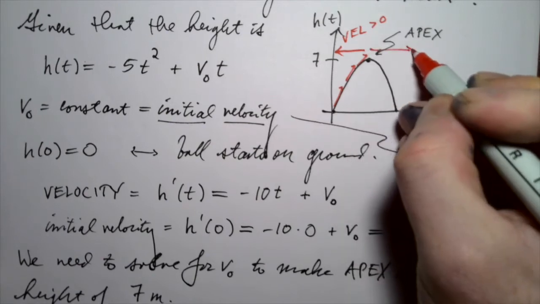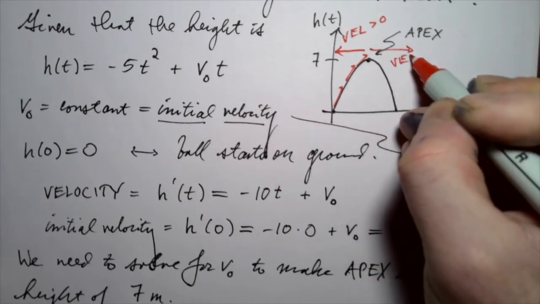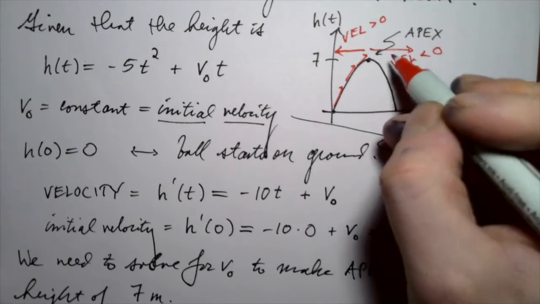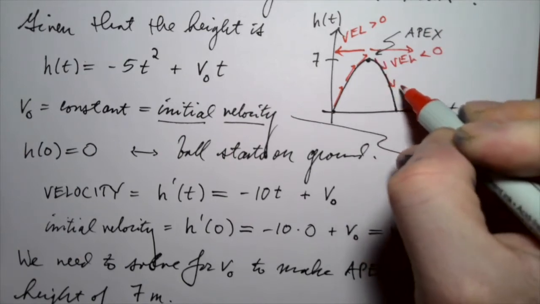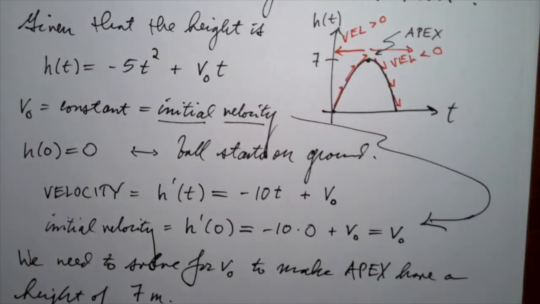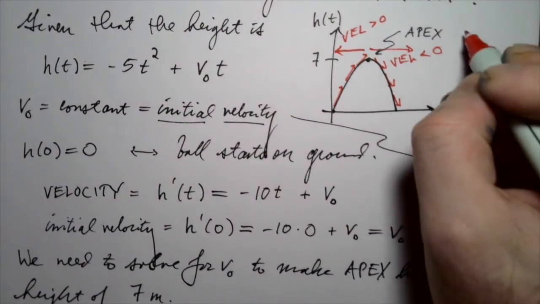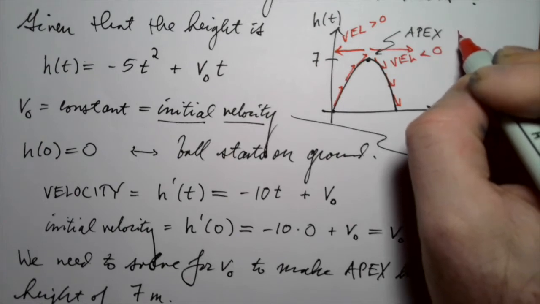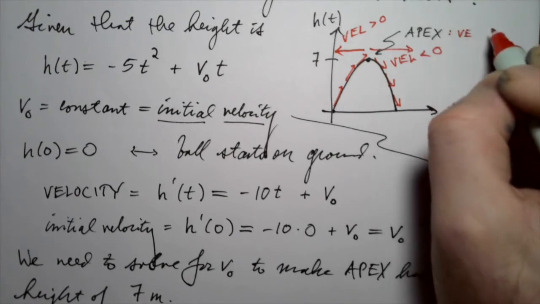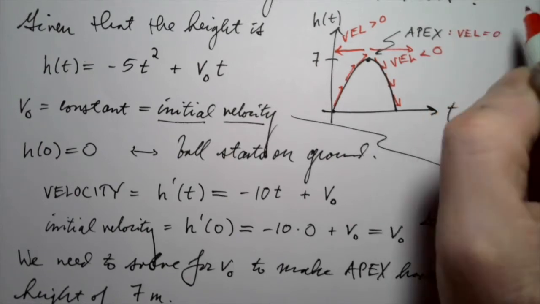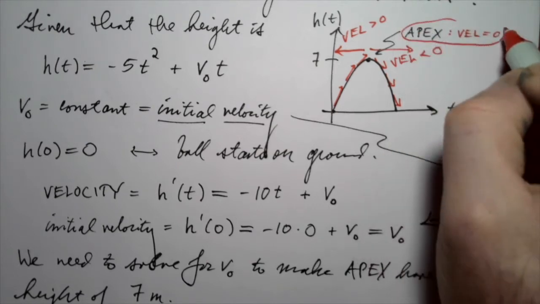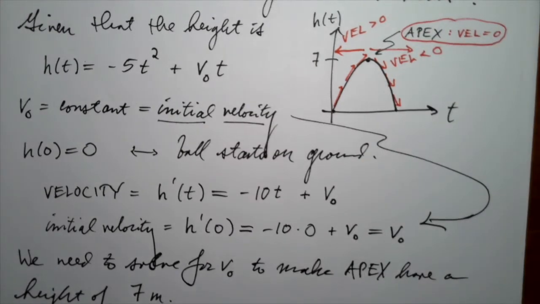But to the right of the apex, the velocity is negative because we're moving downwards, the ball is falling. And then the apex corresponds exactly to when the velocity is equal to 0. That's the key to finding the apex. It's when the velocity is 0.